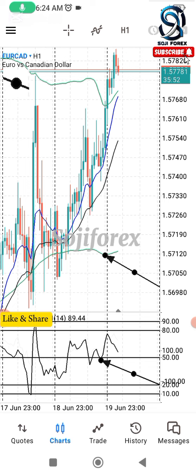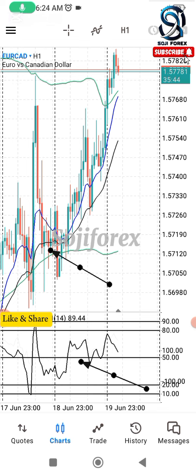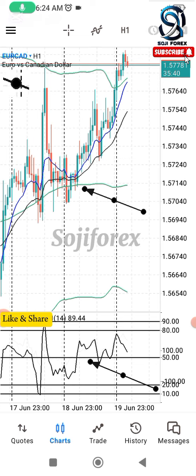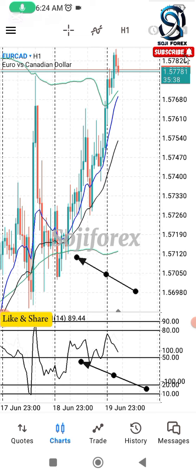If we have a divergence, fine. If we don't, we stay out. And then we'll be using our candlestick for entry confirmation. So we'll be using a bullish candlestick and a bearish candlestick, or a bullish pin bar and bearish pin bar. These are our entry confirmation as far as this video is concerned.